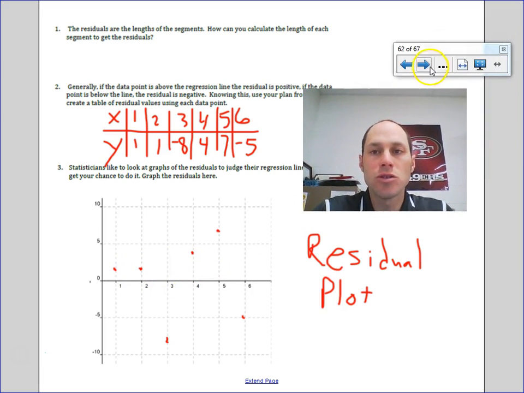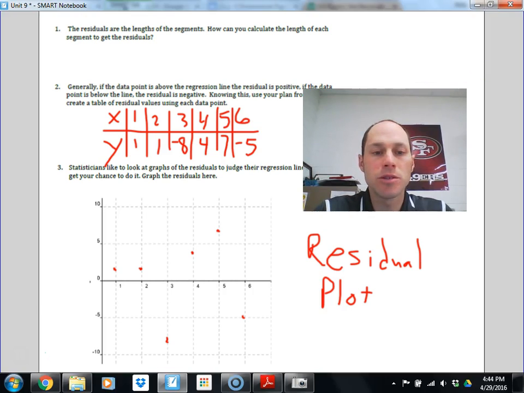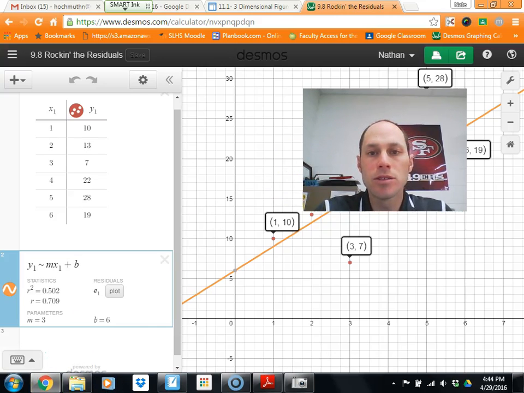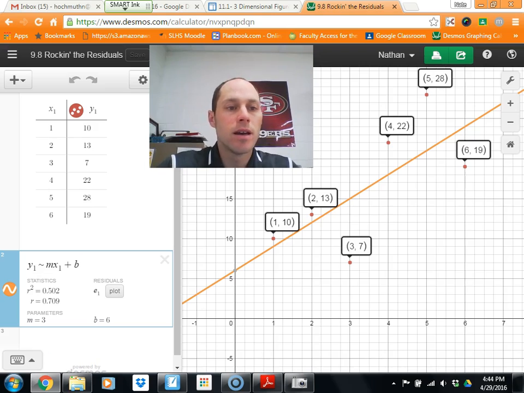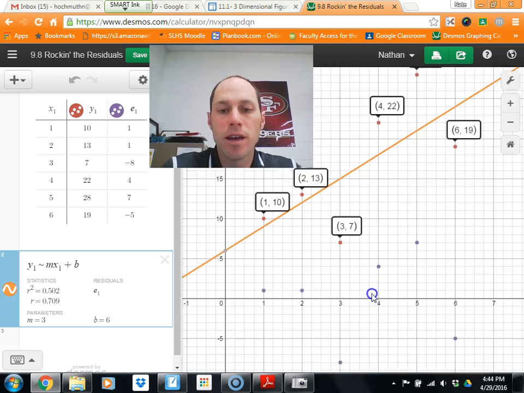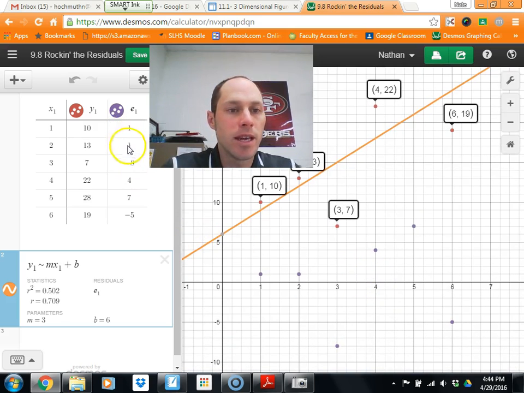So we'll take that residual plot, and actually let me show you something pretty neat here. So on Desmos, in our linear regression, we've got this thing that says residuals. Oh, you know what that is now. So if I click plot, it's going to plot my residuals for me. And notice those are listed here on my table. I didn't even have to do any calculations if I didn't want to.